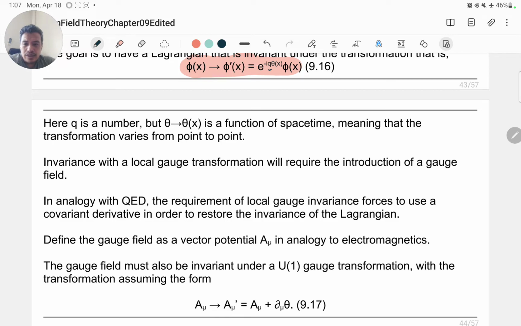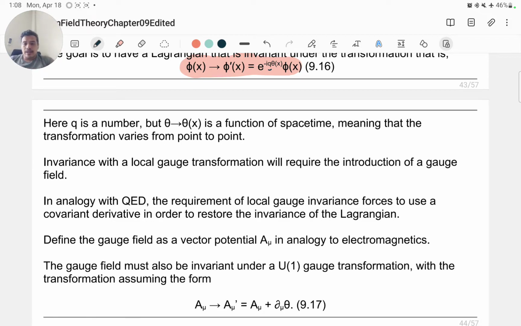So since we are now in a local gauge transformation, this will require the introduction of a gauge field. So again, the requirement for local gauge invariance forces us to use a covariant derivative in order to restore the invariance of the Lagrangian.